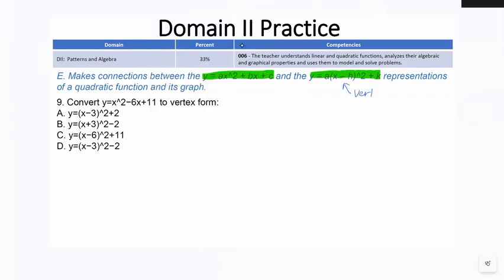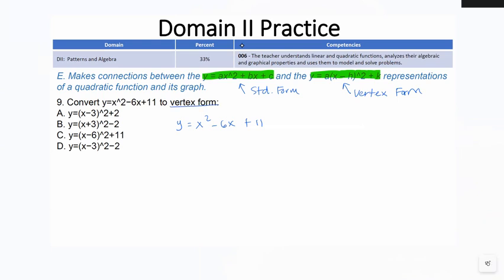This is standard form. This is vertex form. Now the question is to convert y equals x squared minus 6x plus 11 to vertex form.